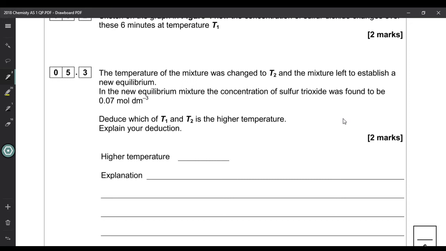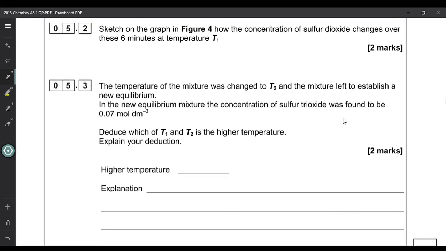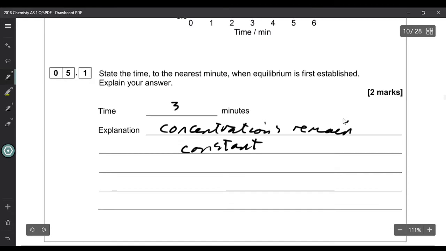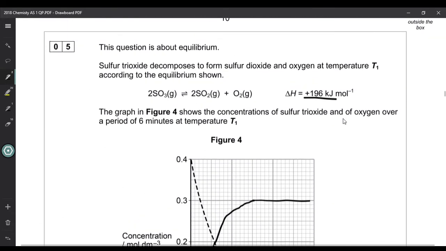So the reaction has shifted to the right hand side, so there's been more product made. If we go back to looking at the equation, because there's less of the sulfur trioxide, there's going to be more product made, so the reaction is shifted in this direction.